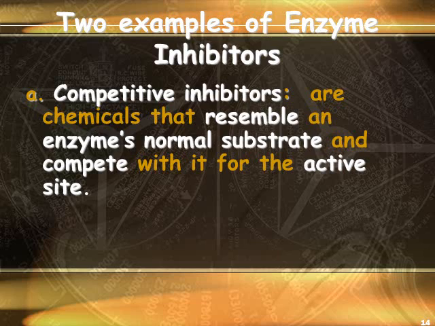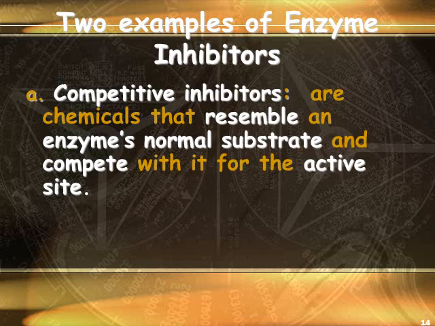All enzyme activity, this is actually a really important point and it's not on this PowerPoint, all enzyme activity is a function of concentration. So how much substrate is there, what is the concentration of the enzyme in the environment, those two things are going to have a huge impact on how many reactions are going to be carried out.